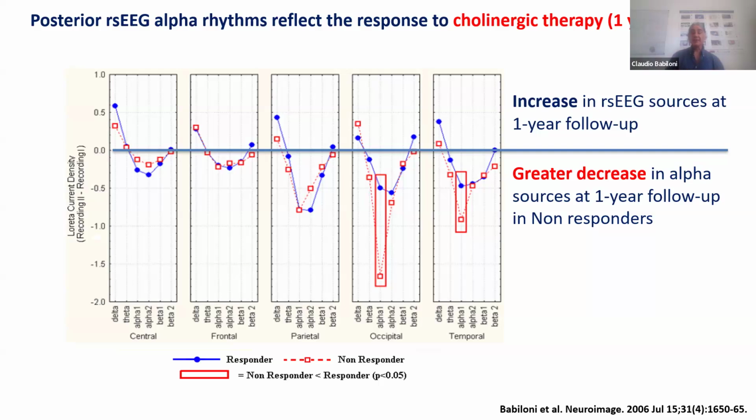And this shows that even if the therapy provides some beneficial effect at the cognitive level, the vigilance systems show a decline, an impairment increased after 1 year, even with a good response to the cholinergic therapy.